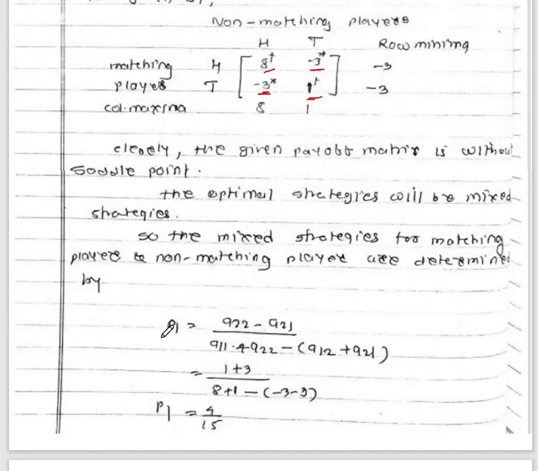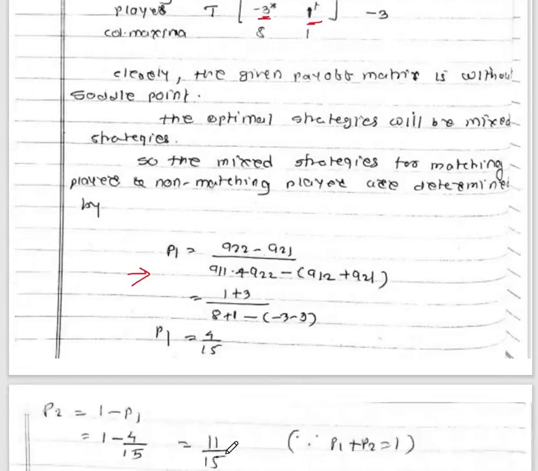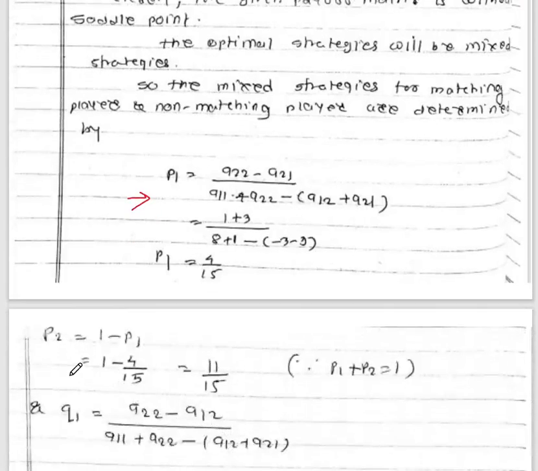P1 is given by the formula (A22 minus A21) divided by (A11 plus A22 minus A12 minus A21). Putting the values from the payoff matrix, A11 is 8, A12 is minus 3, A21 is minus 3, A22 is 1, we get P1 as 4 upon 15. Now we will find P2, using the condition P1 plus P2.